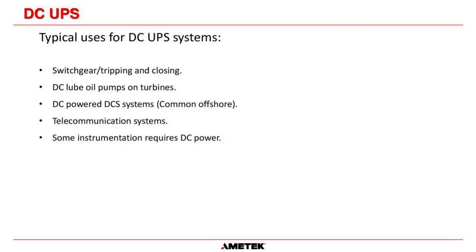Common offshore, you have DC powered DCS systems, distributed control systems. Basically, on a lot of offshore installations, rather than have that fed from an AC UPS, they will take a 24-volt DC battery and battery chargers, and they will use 24 volts DC direct to their DCS system to keep their DCS system powered up.